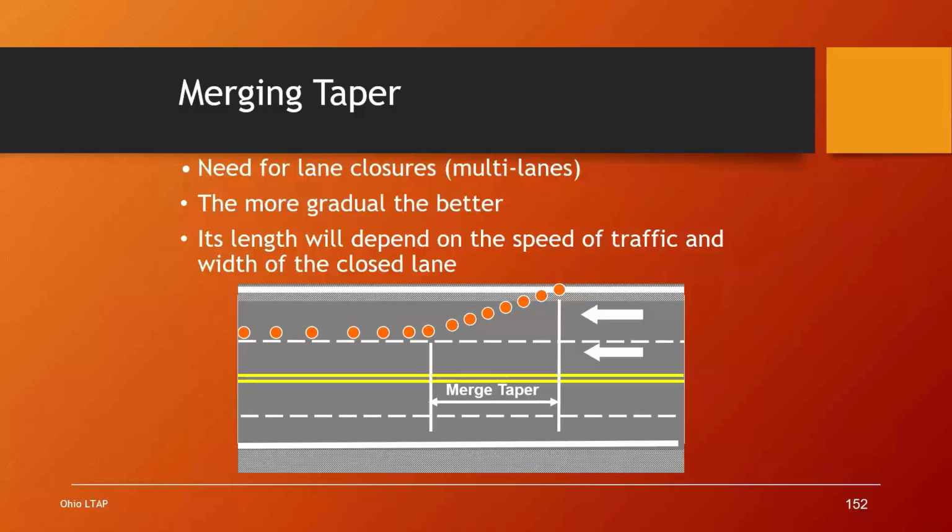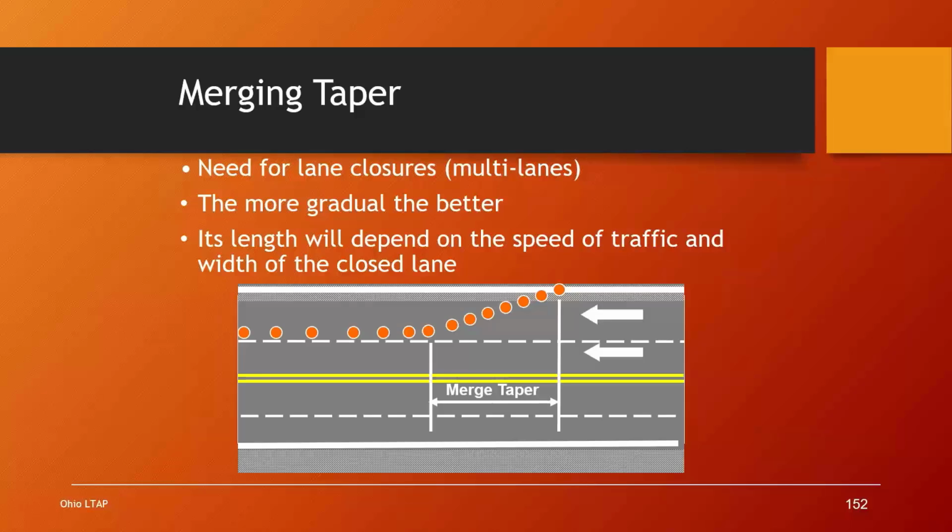On some hours of the day or days of the week, it might be very easy to do that. But during certain hours of the day, it becomes more complicated with higher speed and higher volumes. And so when we're using a merging taper, we have to make sure we don't skimp on the advance warning area and the length of this taper.